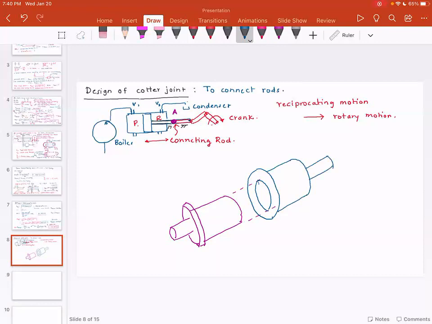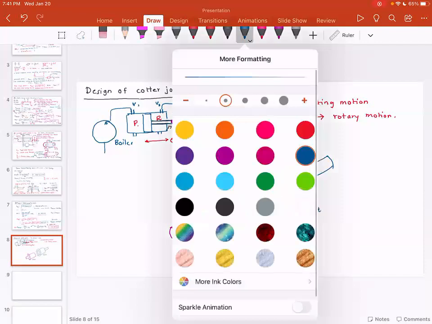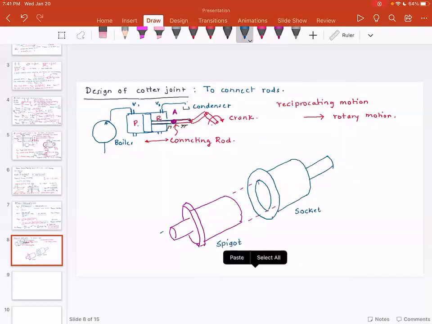So this is called the spigot. This is called the socket. And this side, you can think, is connected to the piston, and this side is connected to the crank assembly.